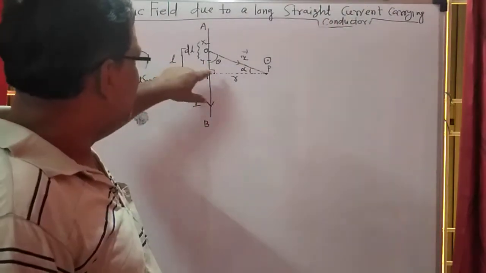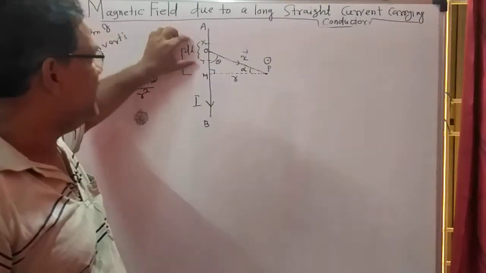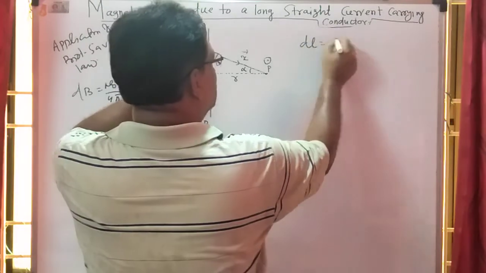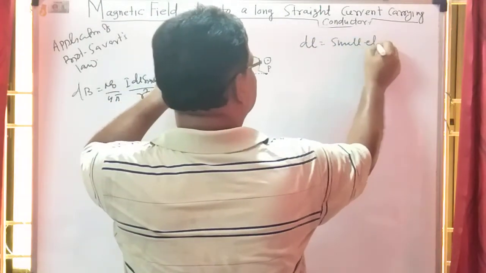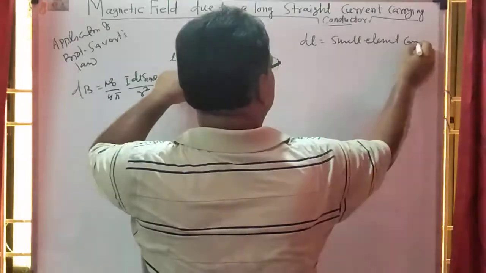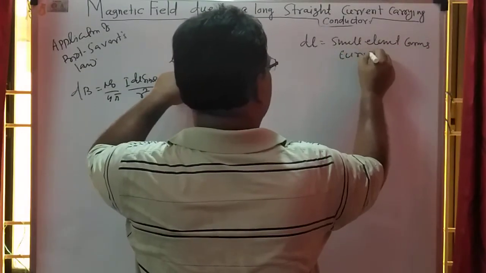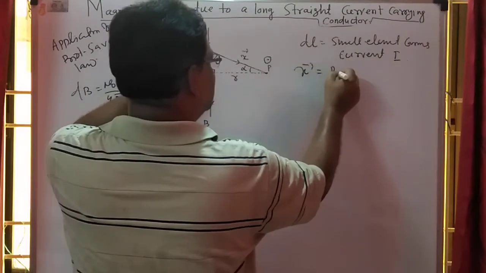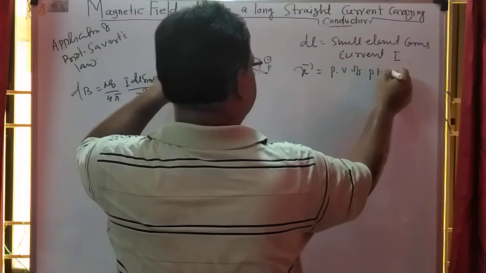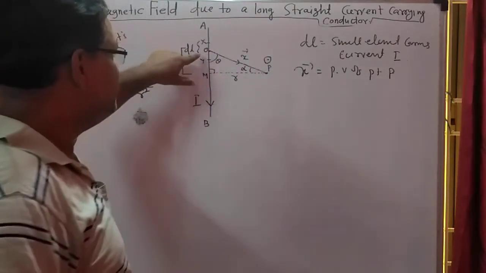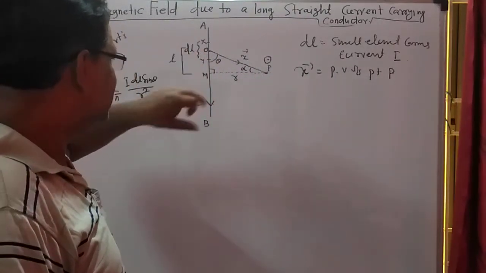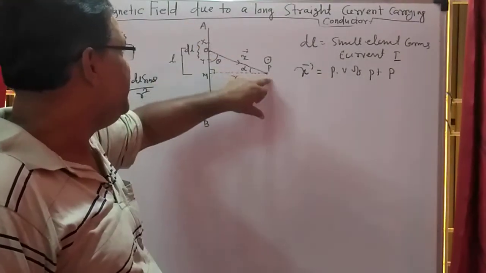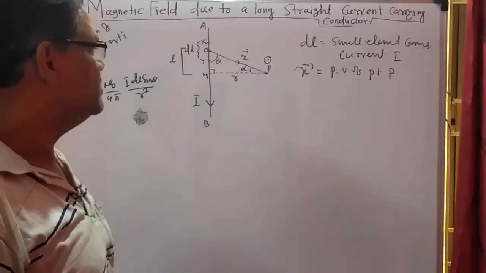Here you take a small element dl carrying current I, and x is the position vector of point P from the center of the element, and r is the perpendicular distance of the point P from the current carrying conductor AB.